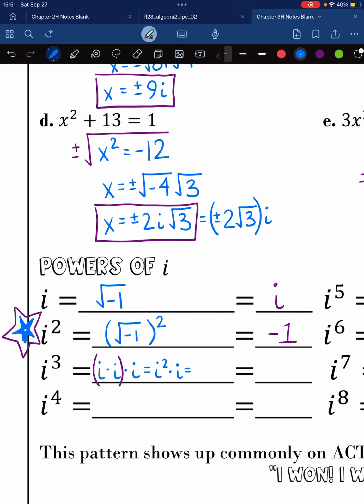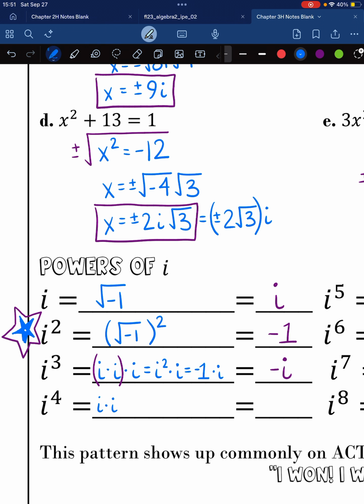And I already have two equivalent forms for these. So i squared, I know the equivalent form is -1. Right, I said that was super important to know. And the equivalent form of i is still just i, it doesn't simplify. And -1 times i is going to be -i. So i cubed is going to simplify to -i.